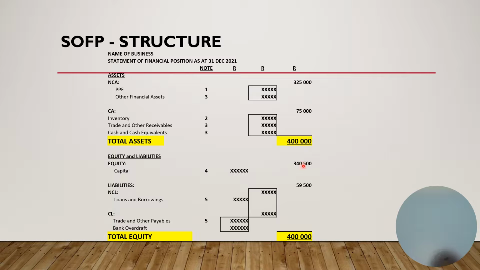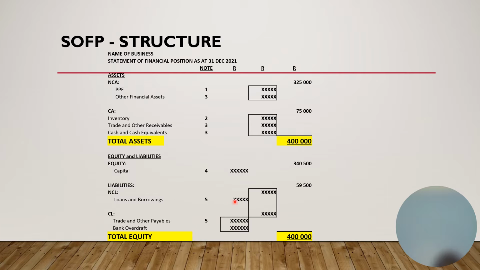Okay, done with the equity, we go to liabilities. Liabilities are divided into non-current liabilities and current liabilities. What are non-current liabilities? Things like long-term loans and borrowings, your mortgage bond and other stuff.